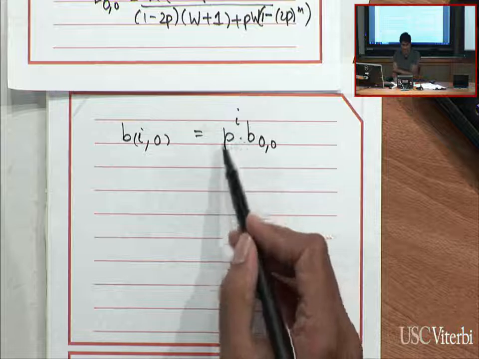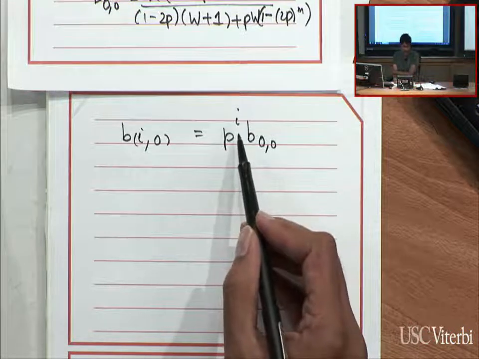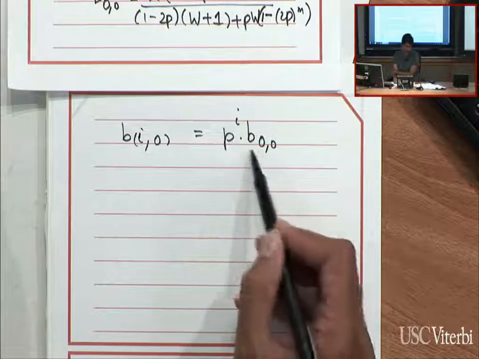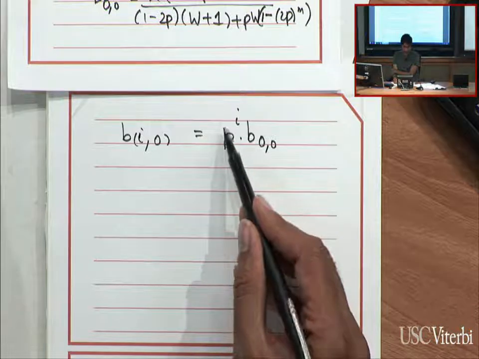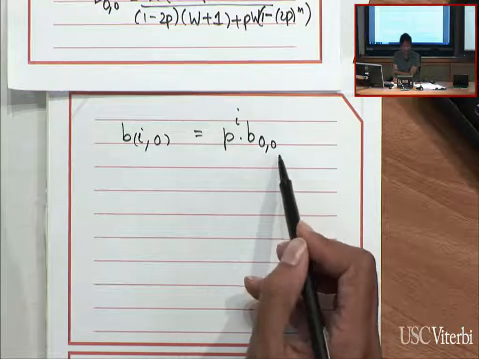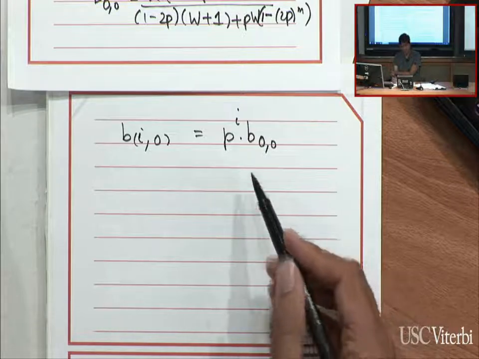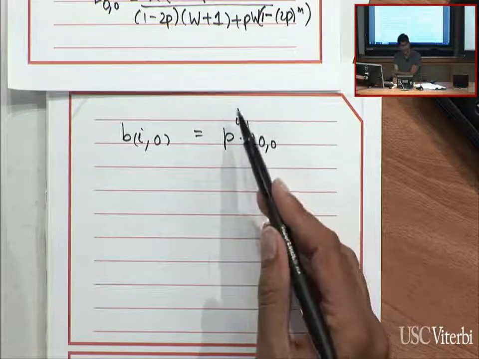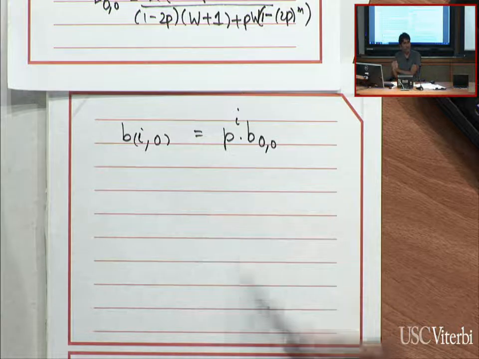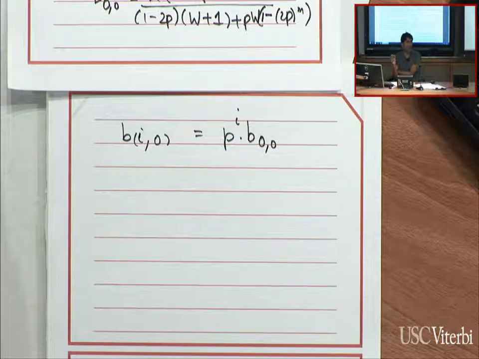You can see intuitively how this happens, because at the 0th stage it's just p to the 0, so just b00. At the first stage, it's with probability p times b00. So with the probability of seeing a collision, you're at the second stage. Probability of 2 collisions, you're at the third stage, and so on. So this is basically multiplying a factor of p for every additional stage, and that p is exactly the probability of collision. So at least intuitively you can see why this expression might make sense.